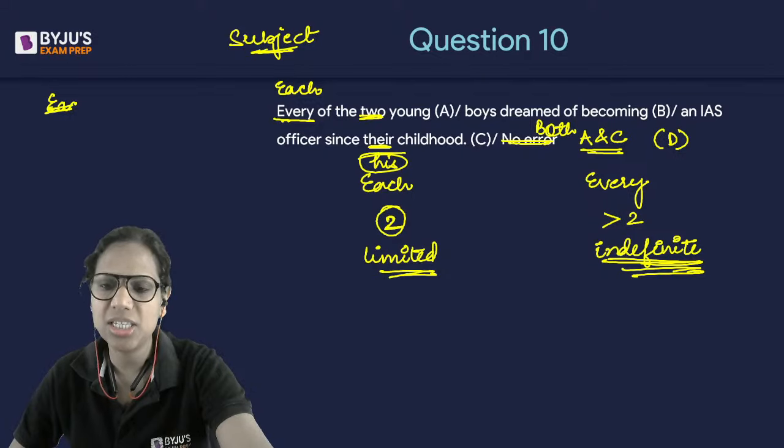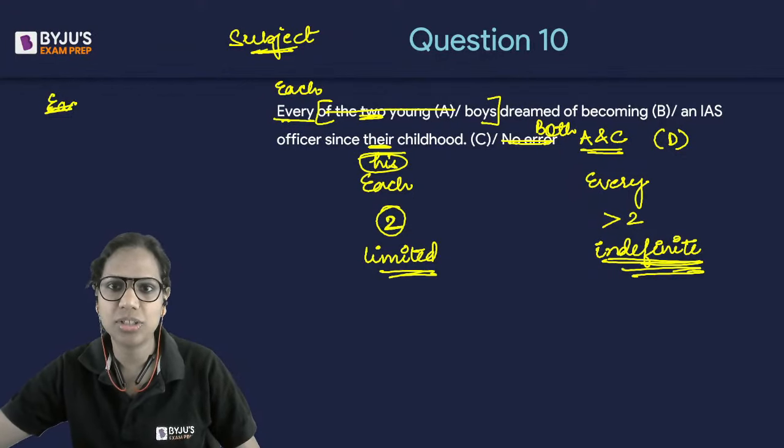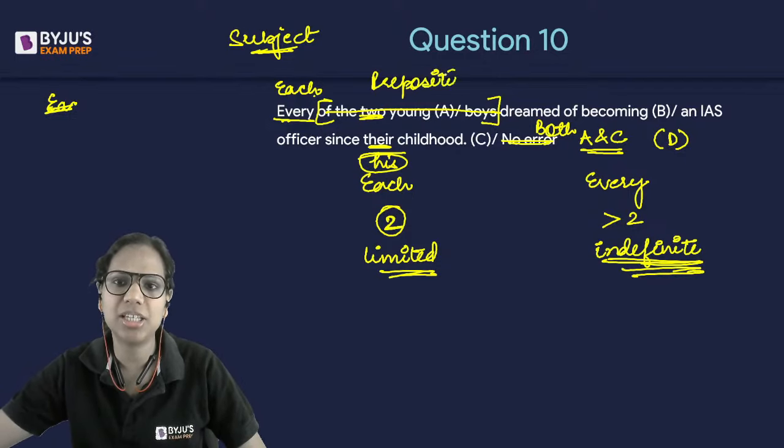The subject is each and not boys. ठीक है, ये subject नहीं है. This is not the subject. This is just a descriptor. Okay, it's a prepositional phrase and it is telling me something more about this each.